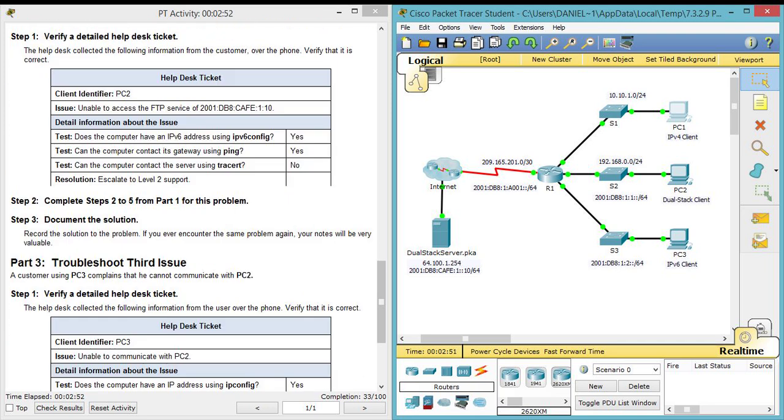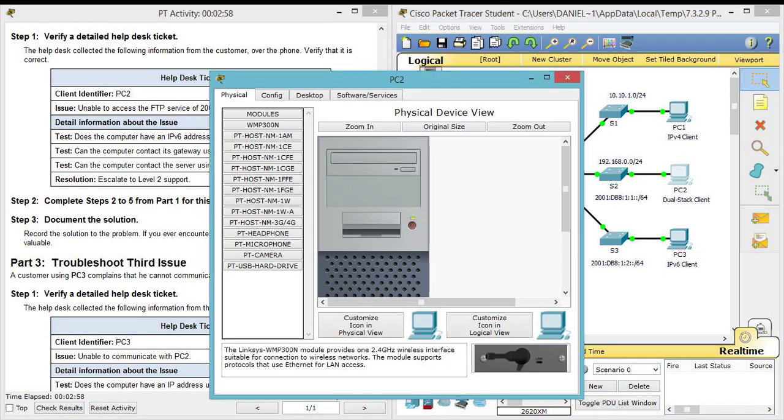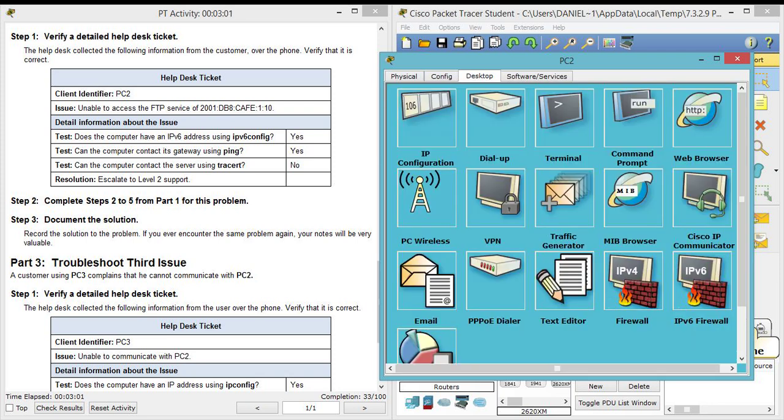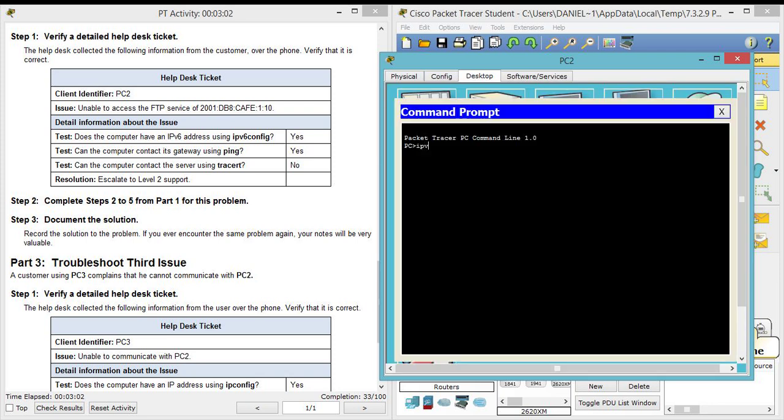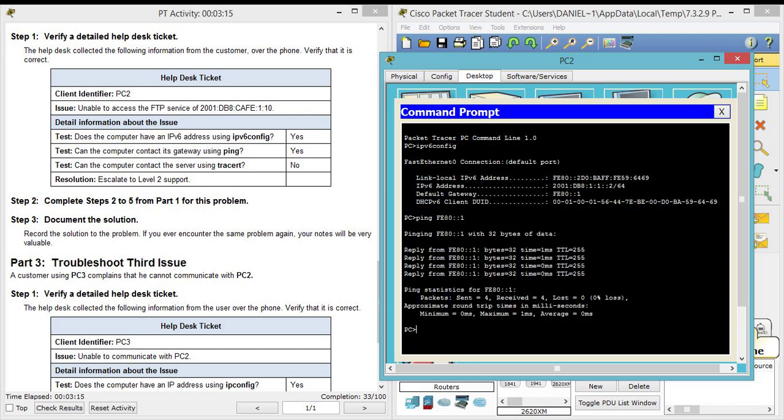The second problem is unable to access the FTP service. Okay, so let's go ahead and verify this information. We can see that it does have an IPv6 address. We can see that it is able to ping its default gateway.